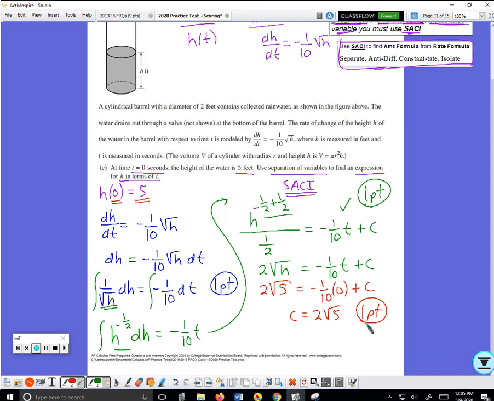Last thing is to get the h alone. So we go back to this equation, and we're going to need some more space, but we're going to take that equation and plug in the c. So copy this over.